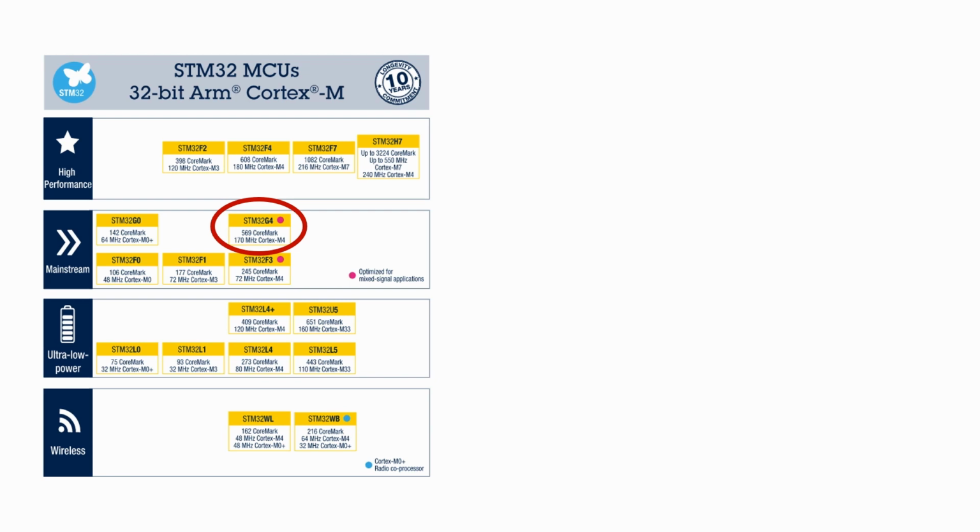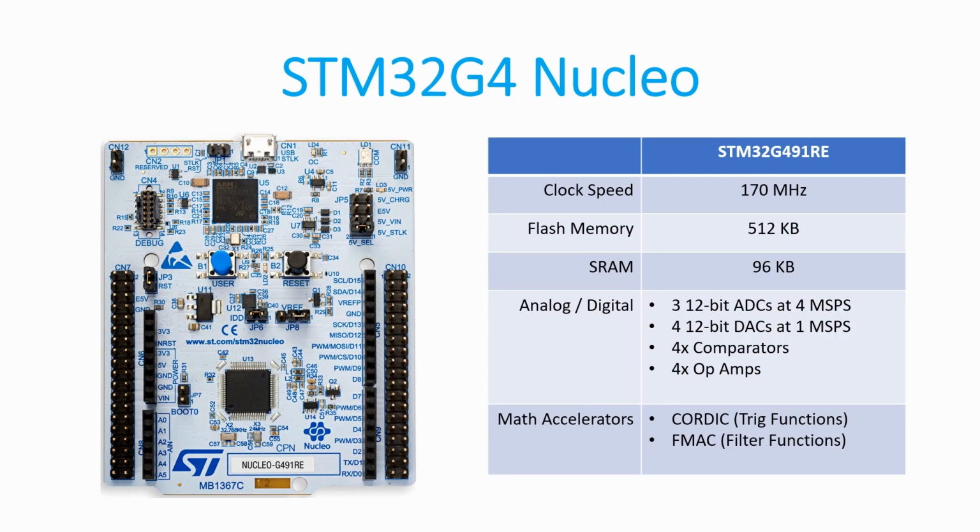Fortunately for us, STMicro has a board just for this purpose, the STM32G4, which is optimized for mixed signal applications, which is exactly what we're doing. So the STM32G4 comes with a pretty respectable processor speed of 170 megahertz. It's got good flash memory and a good SRAM size, but most importantly, it has good mixed signal capability.